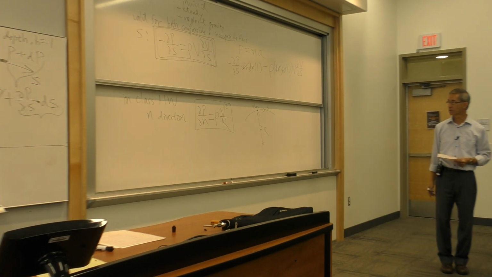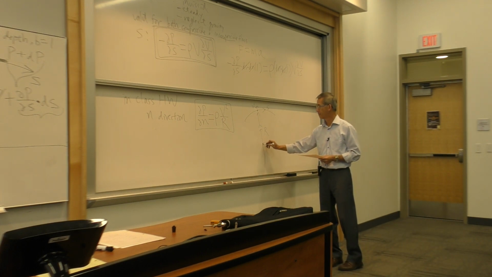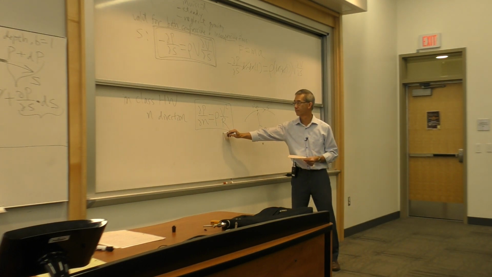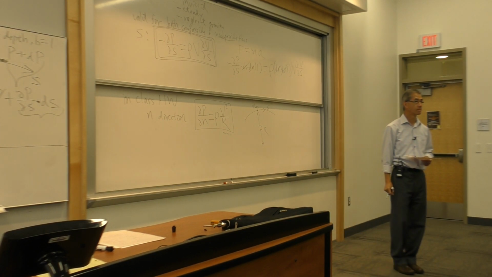The radius of curvature R is defined from the point of interest to the center, and it appears here on the right-hand side. Do you see your homework as to what needs to be done?